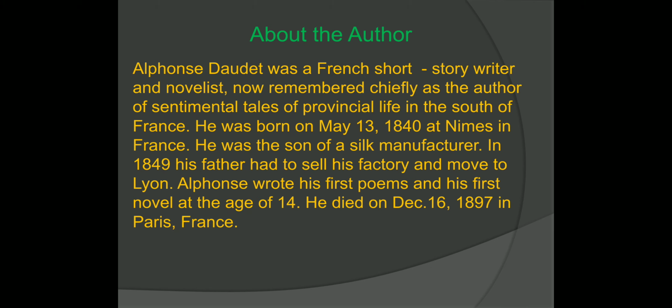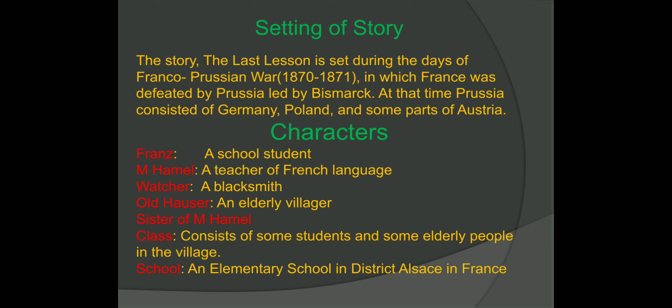He was the son of a silk manufacturer. In 1849, his father had to sell his factory and move to Lyon. Alphonse wrote his first poems and his first novel at the age of 14. He died on December 16, 1897 in Paris, France.